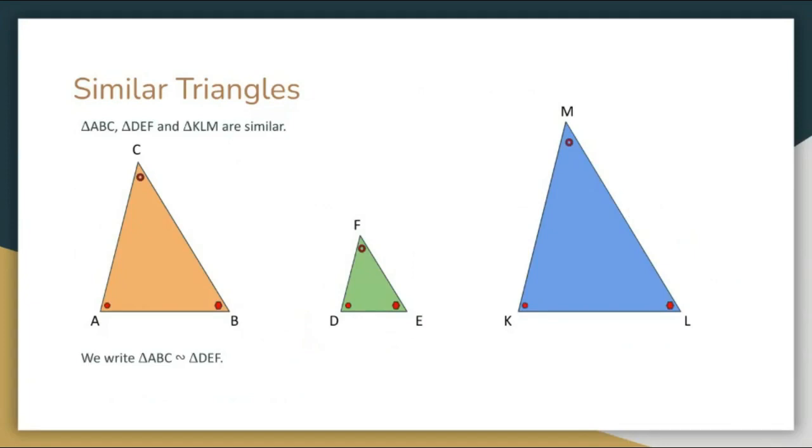When two or more triangles are similar, we write it with this symbol, a little swirly thing, like an S but lying down and mirrored. When writing down similar triangles, you need to make sure to correctly write down the letters as they don't always follow the alphabet.